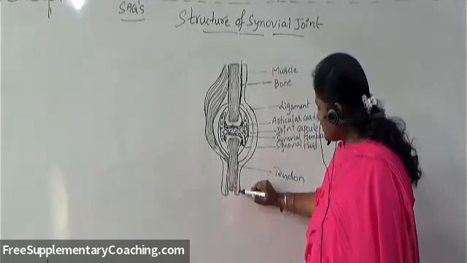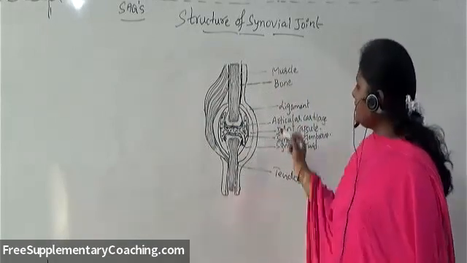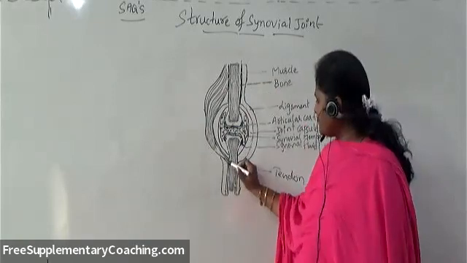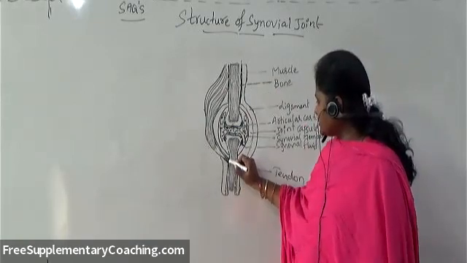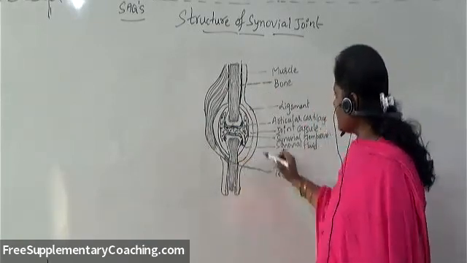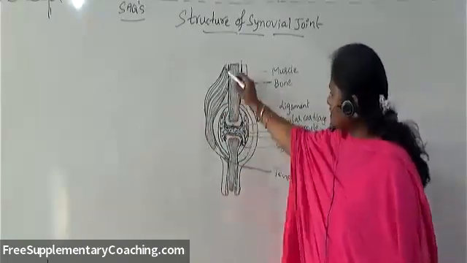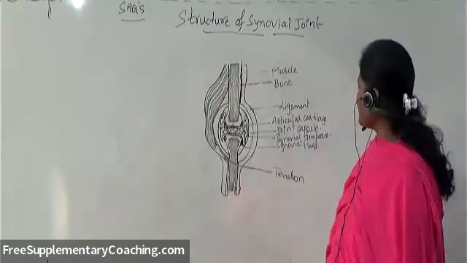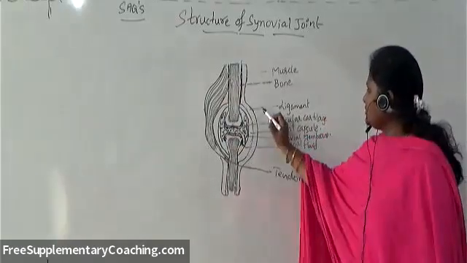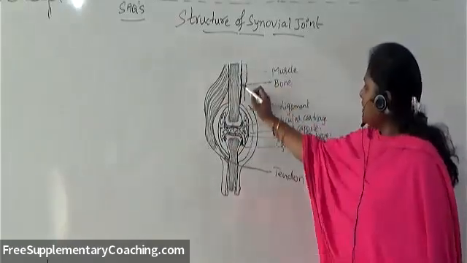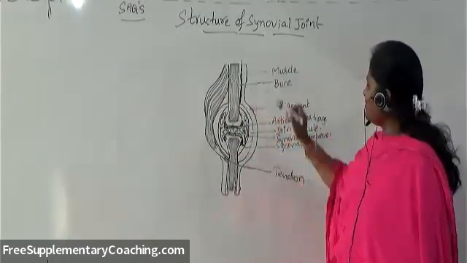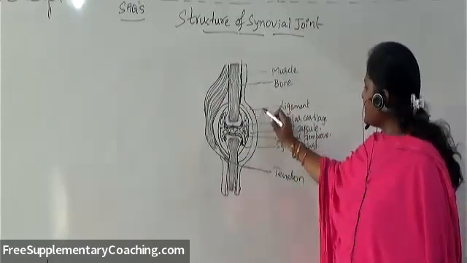And I have shown the tendon also. This is the tendon, where a muscle is getting connected with the bone. You can see here the muscle getting connected with the bone. This is muscle and this is bone. This is ligament.